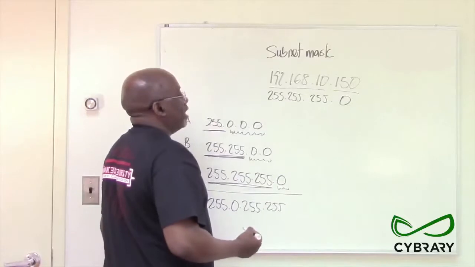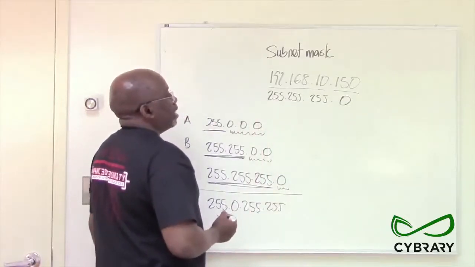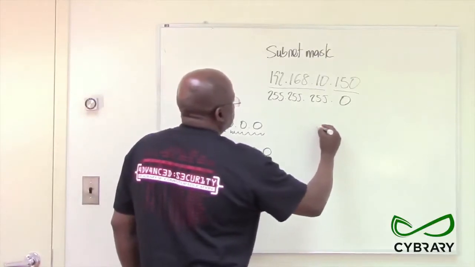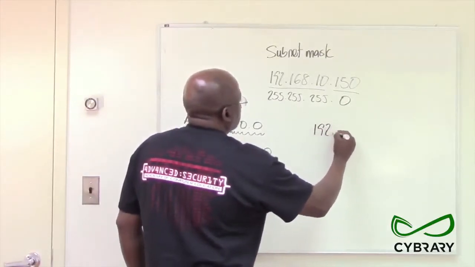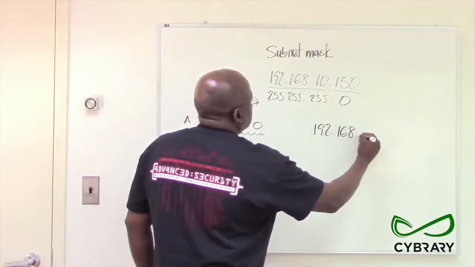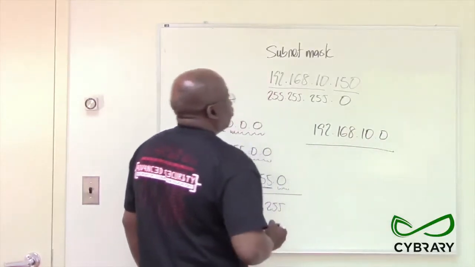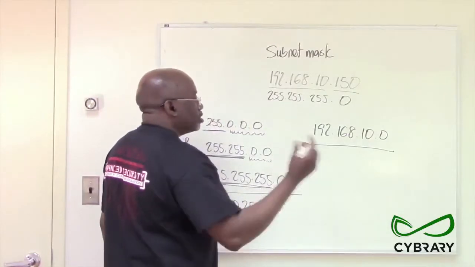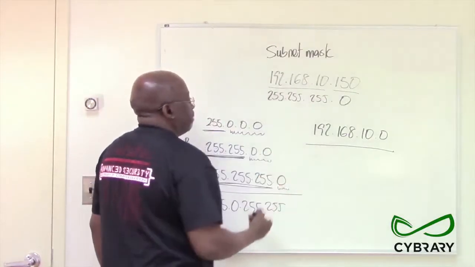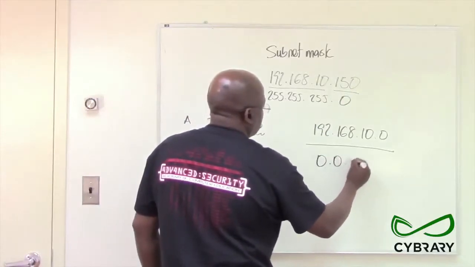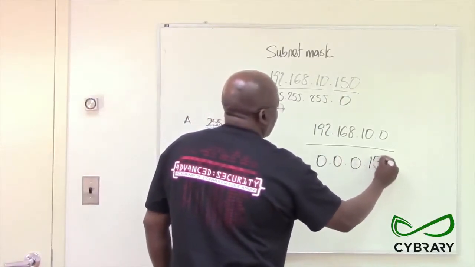So if we were to say what is the network ID for this IP address, our address would read 192.168.10.0. And if we were to say what is the host ID of this IP address, we would say it is 0.0.0.150.